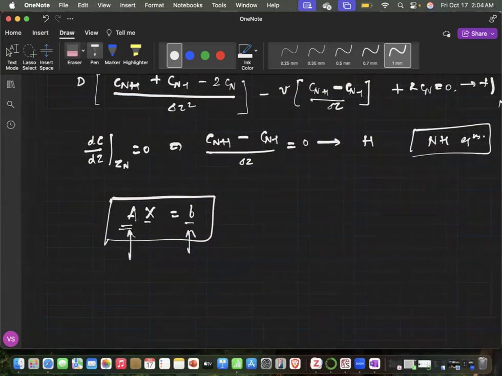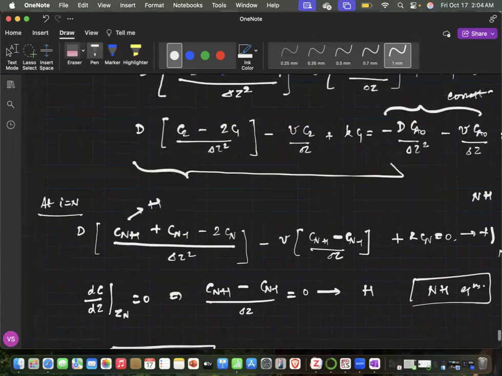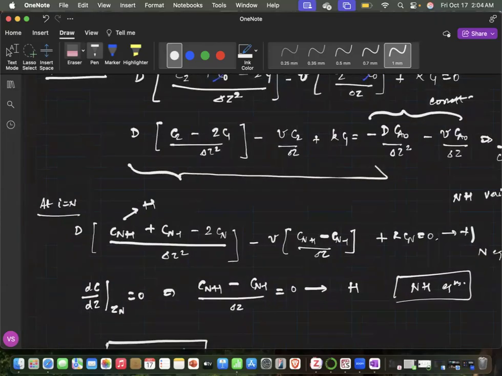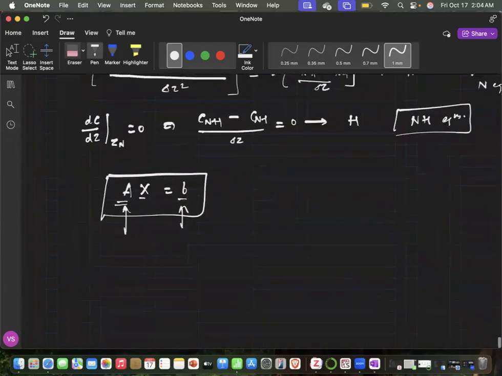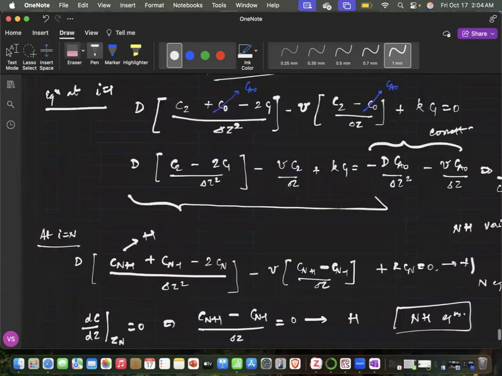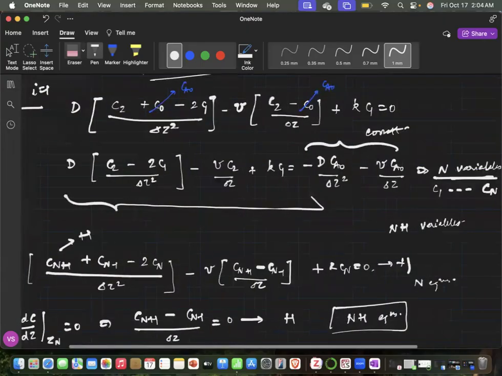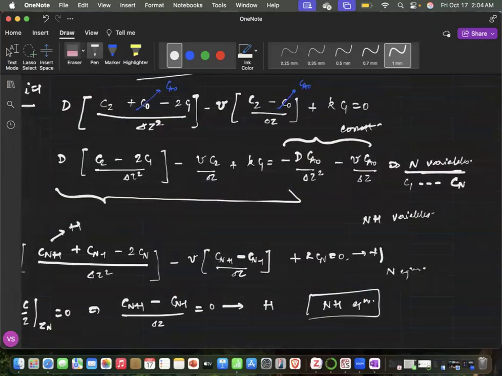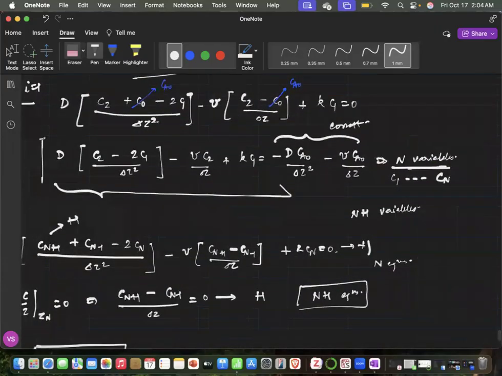And once you get that, it's fairly simple, right? So now that we've discretized all the equations, let's now try to formulate this matrix. So the matrix A is the biggest challenge over here. So I generally prefer to make simplifications before going ahead and making the matrix. So that is why I would choose this method over here, where I eliminate the variable C0.